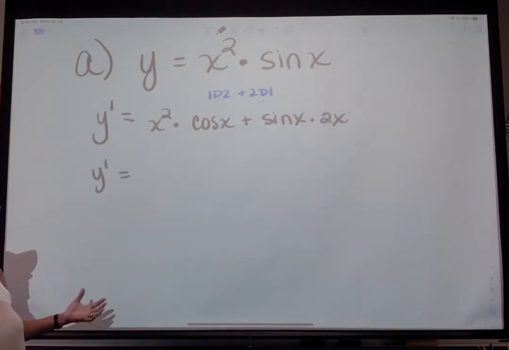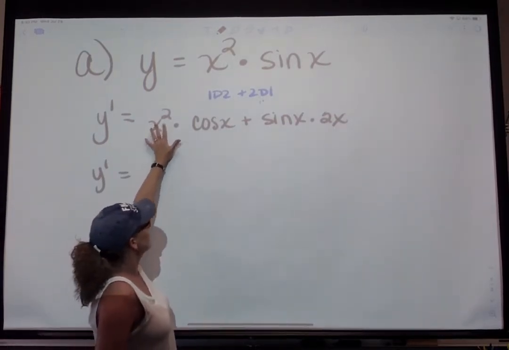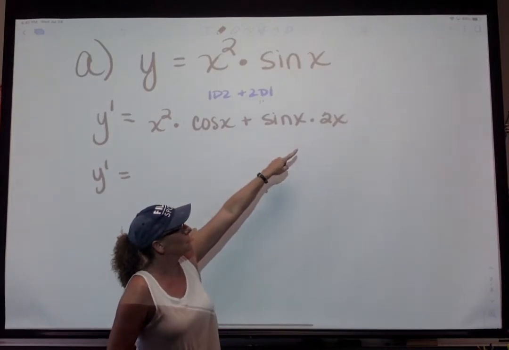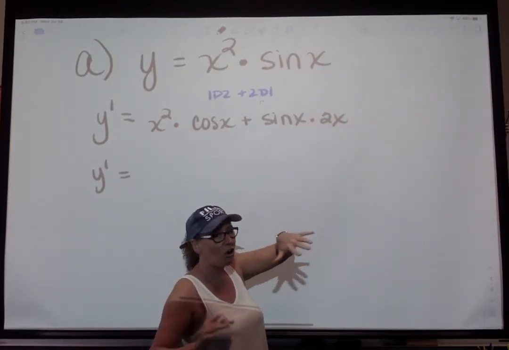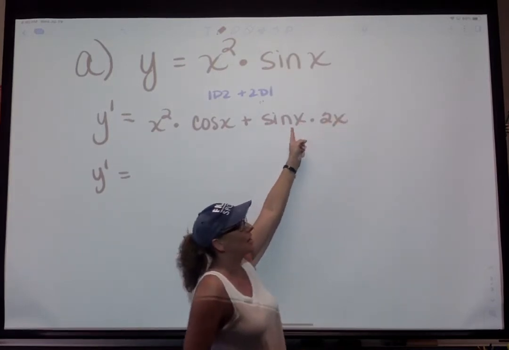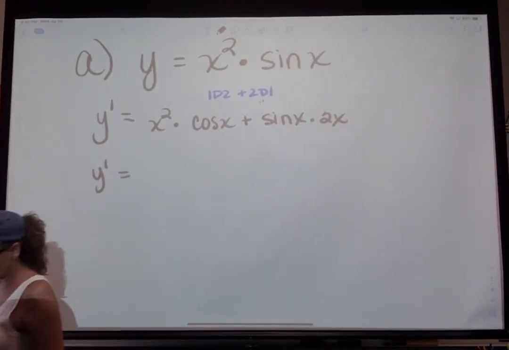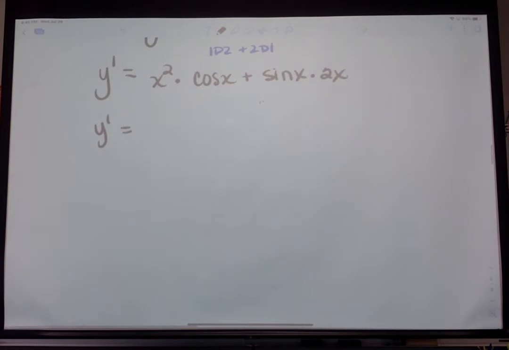There's not much I can do with it, but I like how the x squared is in front of the trig. I'm going to put the 2x in front of the trig. I don't want any temptation for you at all to multiply this 2x by your angle. Oh, good heavens, no. We would never do that to an angle. So I've got x squared cosine x plus 2x sine x. Then there's no confusion and you won't do something silly to the angle.